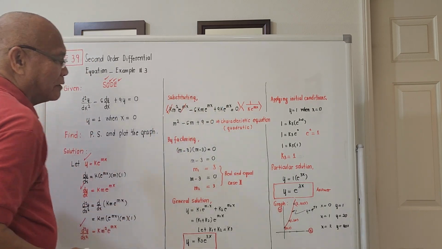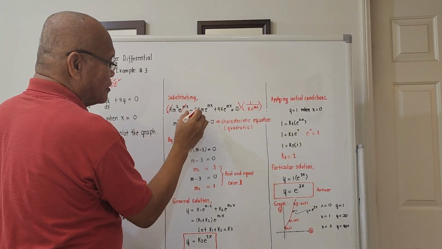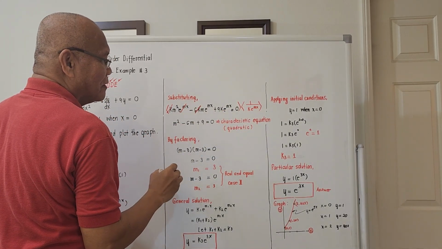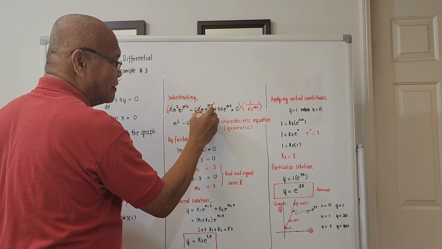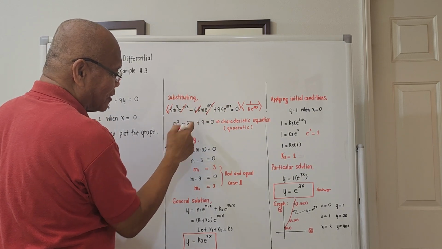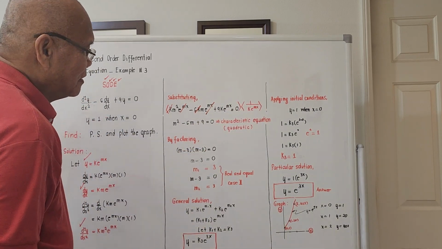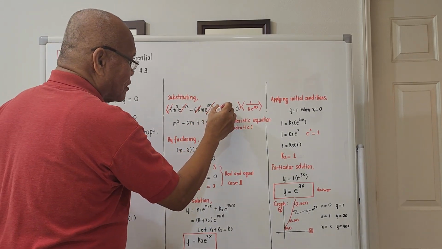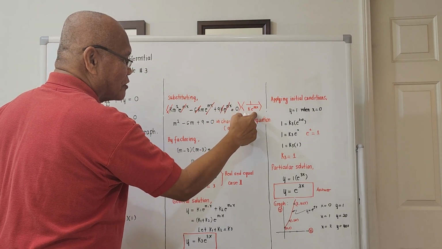For the second term, this term here multiplied by this k will disappear, and this e to the mx will also disappear. So what will remain for the second term will be 6m. And the third part, this k will disappear, and this e to the mx will also disappear.